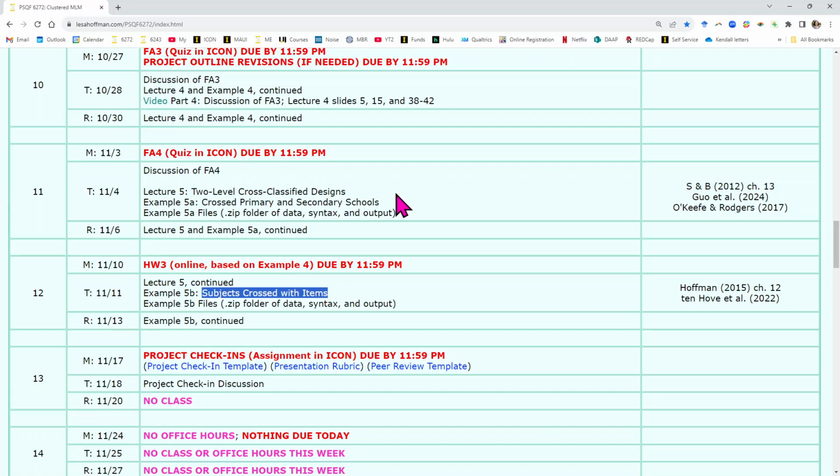Another one that comes into play is cross-classified designs. So I have some fake data from the Hox book. I'm quite certain it's fake because there's exactly 1,000 people and all the cells are balanced. We have kids that are nested in primary schools and kids that are also nested in secondary schools, but not everybody who went to the same primary goes to the same secondary and vice versa.